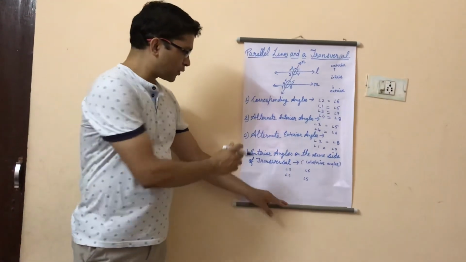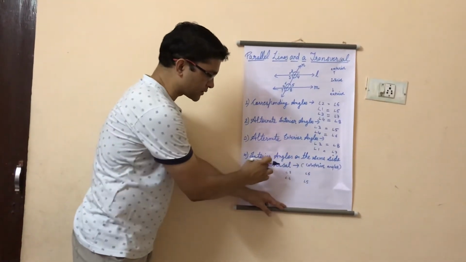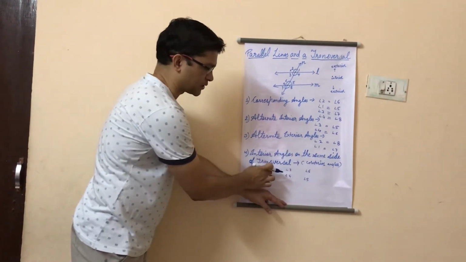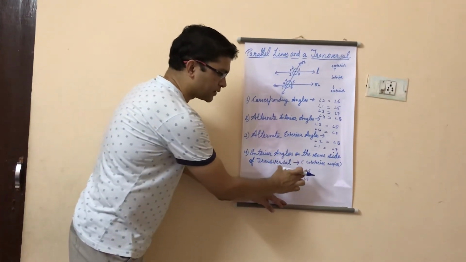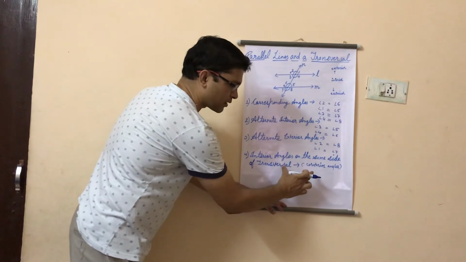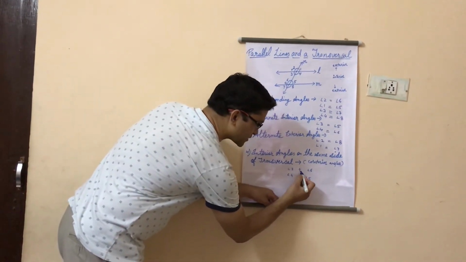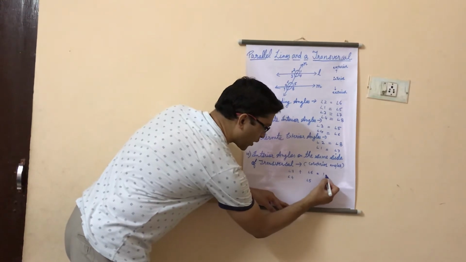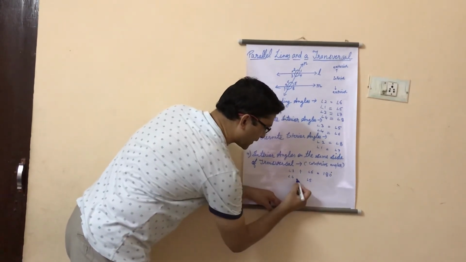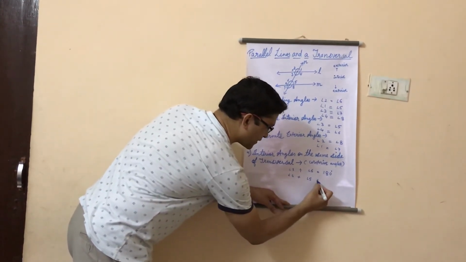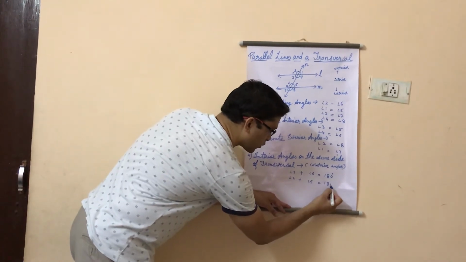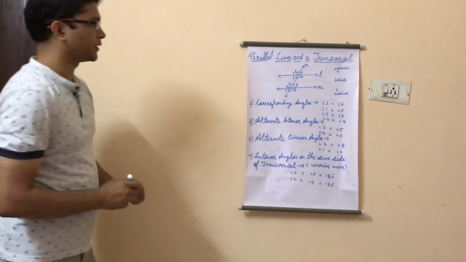And the rule about co-interior angles, or interior angles on the same side of the transversal, is that these angles make a pair of supplementary angles. That means angle 3 plus angle 6 will be equal to 180 degrees and angle 4 plus angle 5 is also equal to 180 degrees.